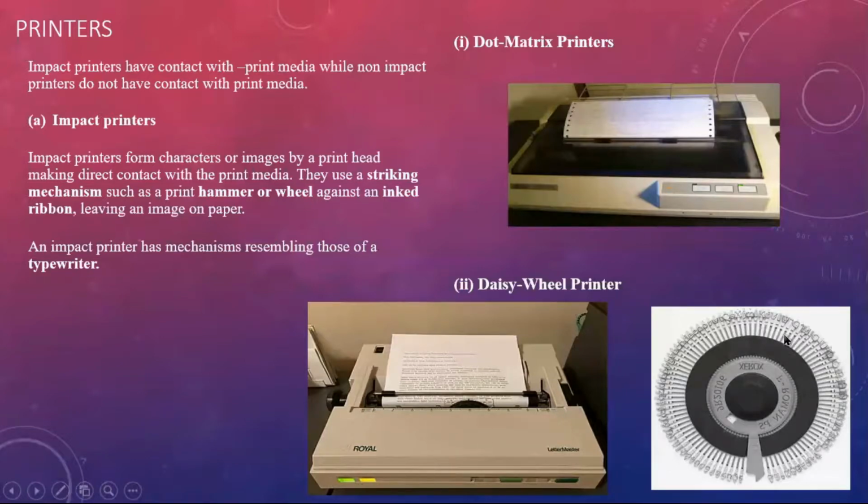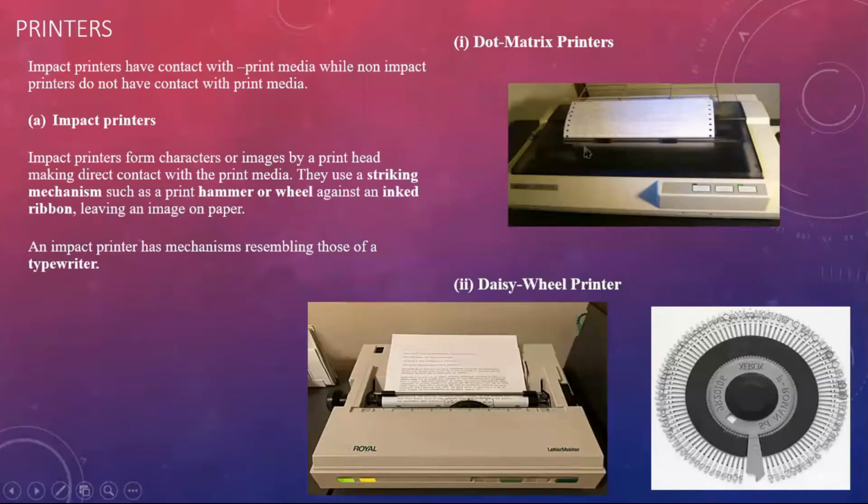You'll see that at the end of those spokes we have the different characters, the letters, the numbers, 1, 2, 3, 4, they are all on the wheel. All it needs is an ink ribbon, and the paper onto which these characters will be put by the striking mechanism. So in the daisy wheel printer, instead of the characters being at the ends of hammers, they are put on the wheel. That's why we call it the daisy wheel printer.